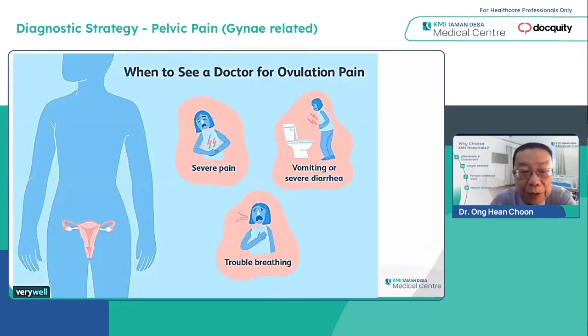We always advise our patients that if you think you have ovulation pain, if it's very severe, there's accompanying vomiting or diarrhea, or you have some trouble breathing, which is very, very uncommon anyway, you should see a doctor and get it properly evaluated.